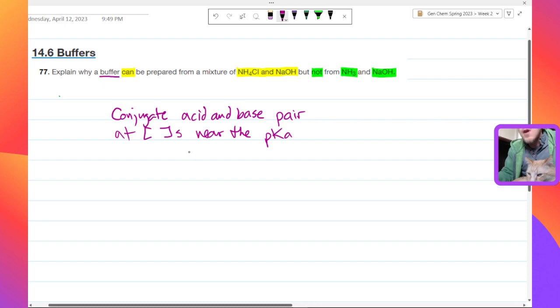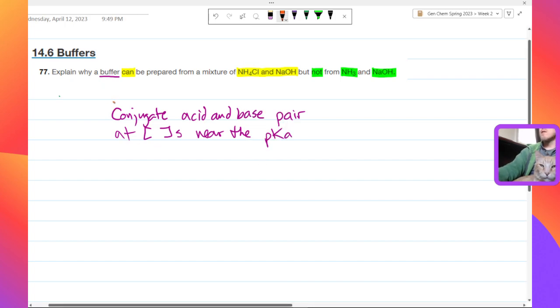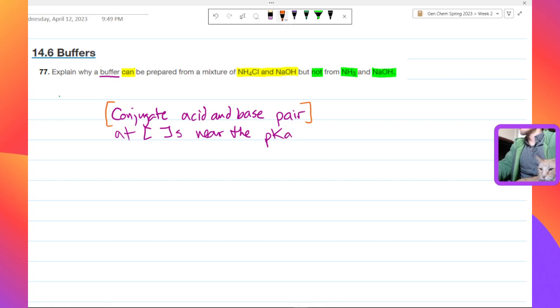So if there are some slight additions of acid or base to the solution, the pH will only change slightly. So the crucial part here for what makes a buffer is this right here. You need a conjugate acid and base pair. We can look at the details of all this more soon, but that's what we're going to need to make a buffer.